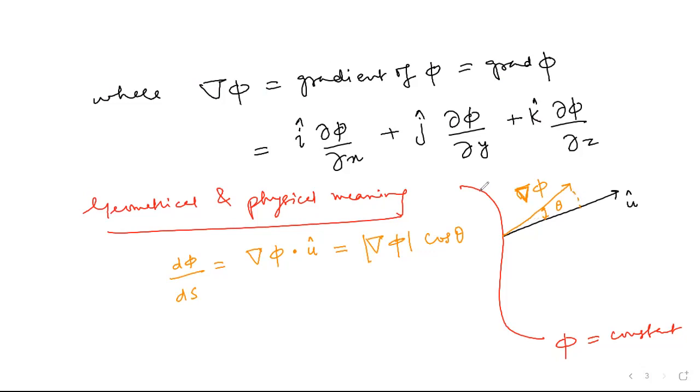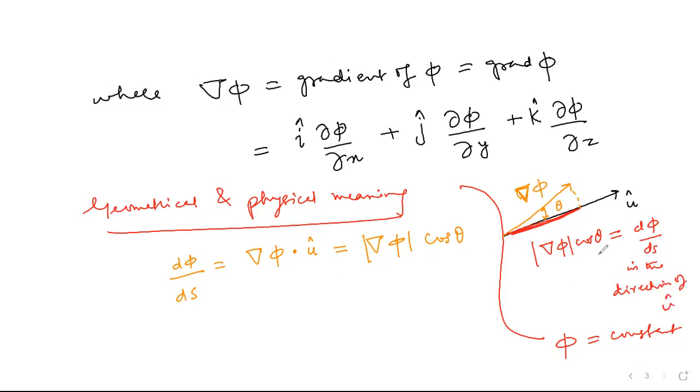Del phi cos theta is just the projection of this del phi on this unit vector. That means this length, I will use some other color, this length is del phi cos theta, and that is equal to d phi by ds in the direction of u cap, right?